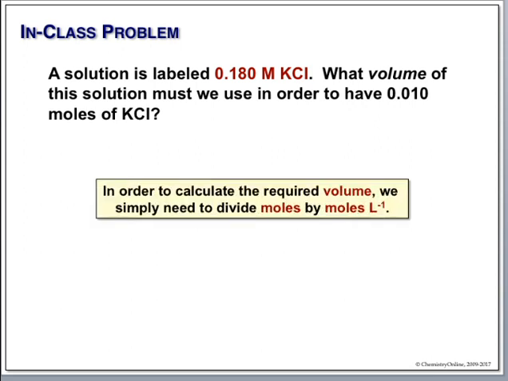In order to solve for volume, we have to divide moles by moles per liter. Here we have number of moles we want, 0.01. Our moles per liter are 0.18. The problem looks something like this.